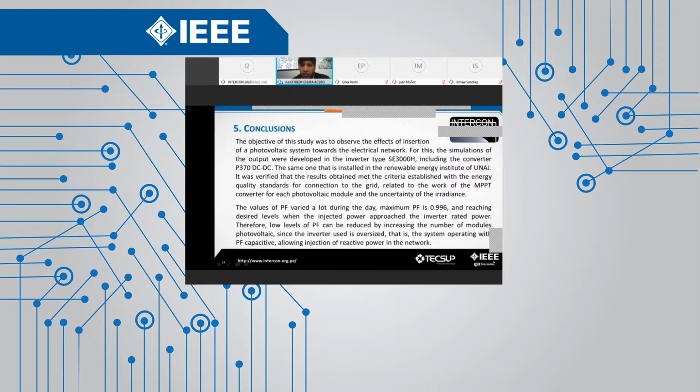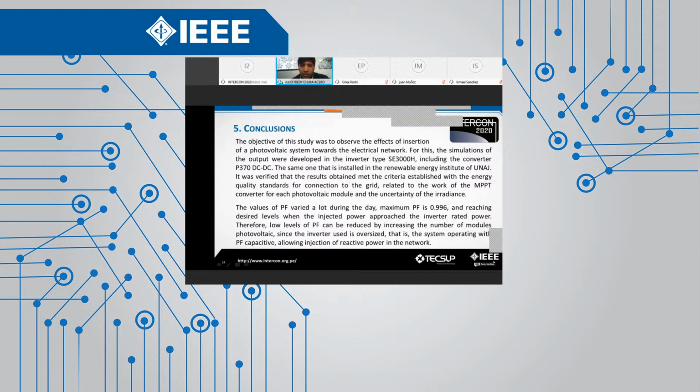The conclusion of this paper: the objective of the study was to observe the effect of the insertion of a photovoltaic system into the electrical network. For this, the simulation of the output was developed in the inverter. The type of inverter is the SolarEdge 3000, including the P370 DC-DC converters, the same ones installed in the Renewable Energy Institute of the UNA.